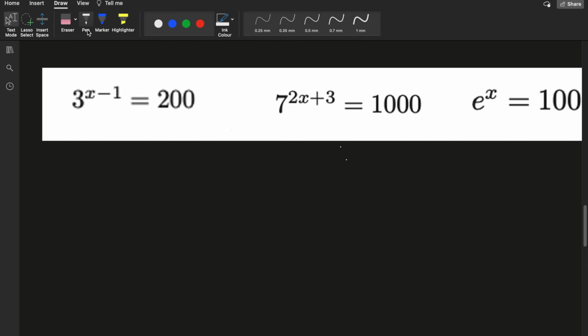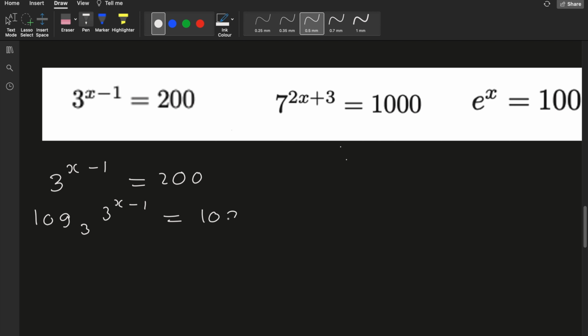Let's start with this question. 3 to the power of x minus 1 equals 200. Let's apply log base 3 to both sides. So we know that this would equate to x minus 1, giving log 200 base 3.